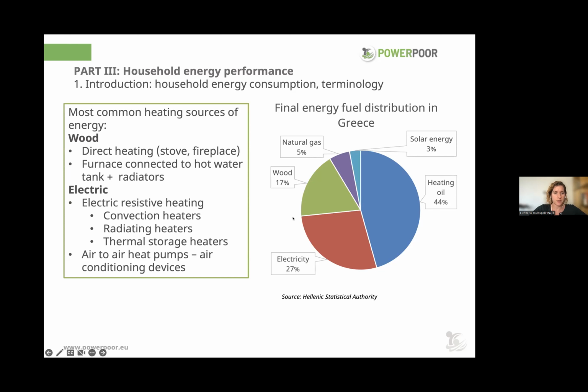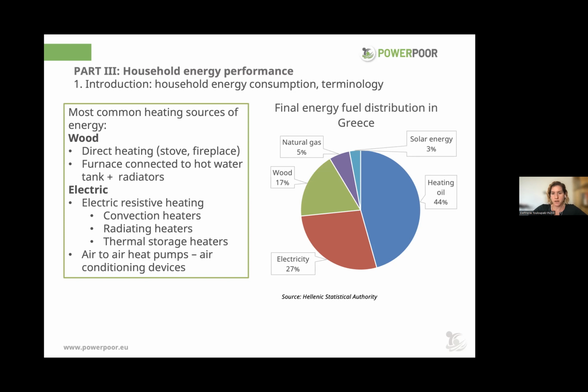Also, electricity is a source of energy, and it can be used in two ways: either resistive heating with convection heaters, radiating heaters or thermal storage heaters, or air-to-air heat pumps, where heat is pumped from the inside to the outside of the household, or the opposite.